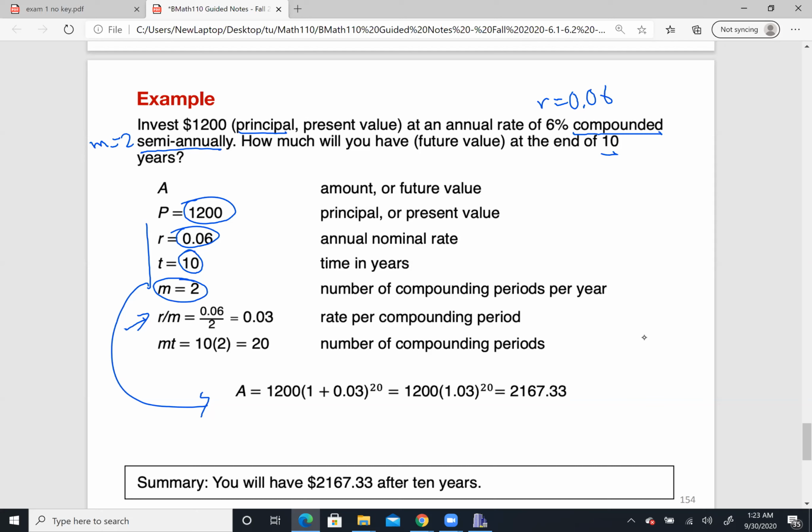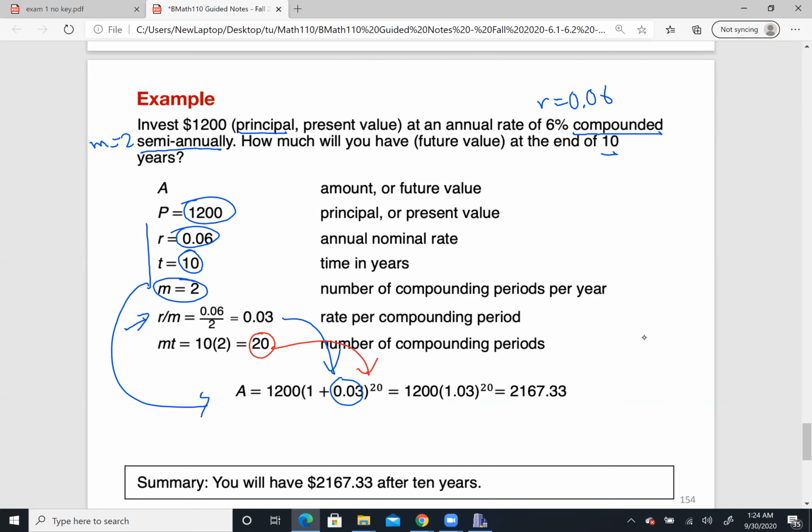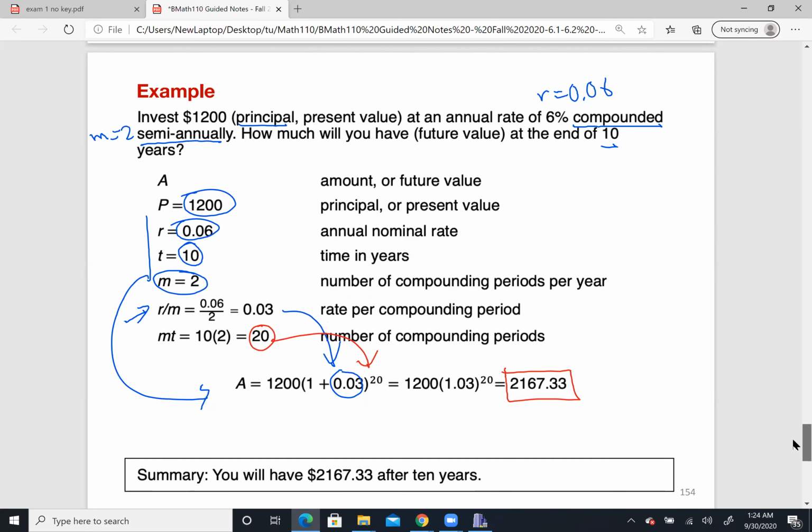So r over m was here, and m times t was 20, so it goes to the power here. Then you use a calculator, and you will have the answer as 2,167.33. That's going to be the amount after 10 years with the rate of 6% compounded semi-annually. Okay.